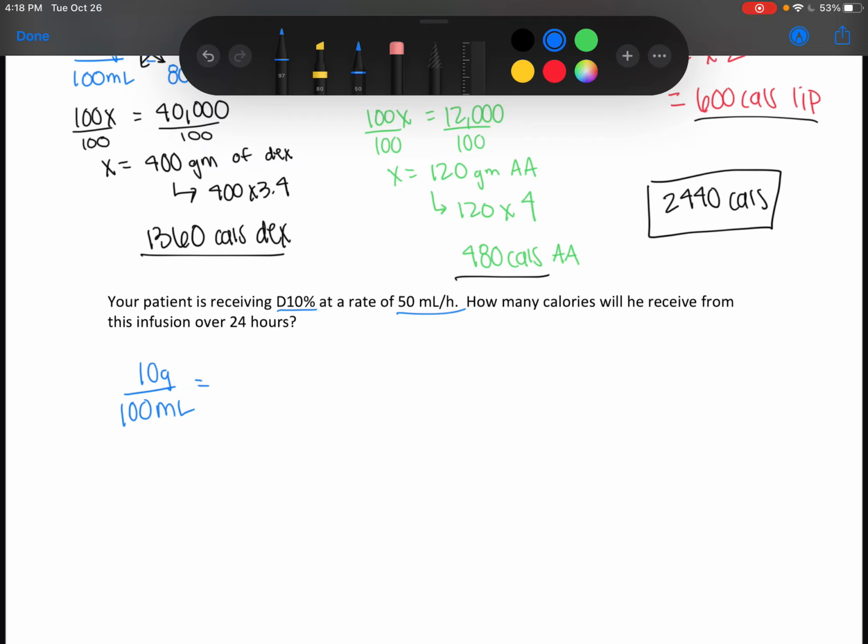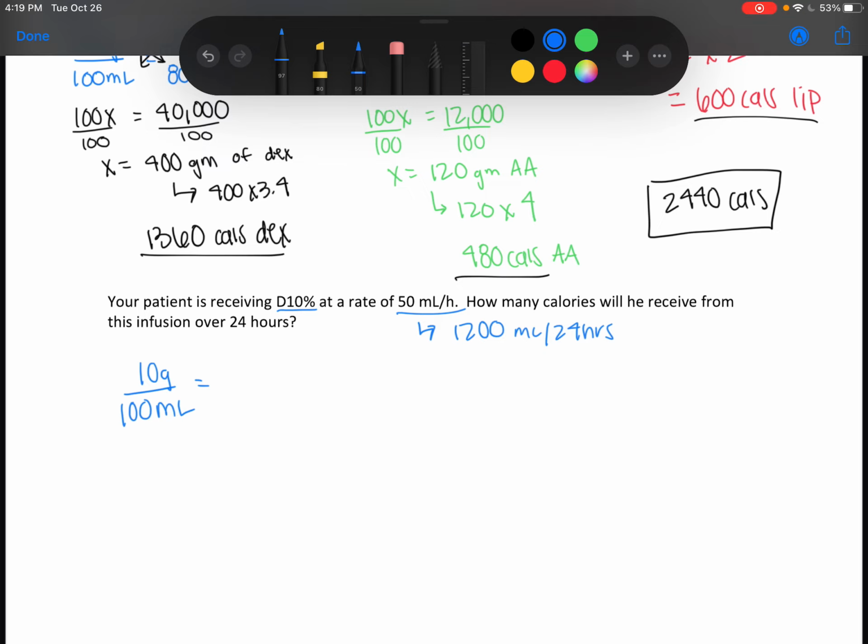So you have 2 options here. You can multiply 50 times 24 to get your total mils for the day right now, or you can multiply it later. So if we multiply right now, 50 times 24, he's getting 1,200 mils total in 24 hours.